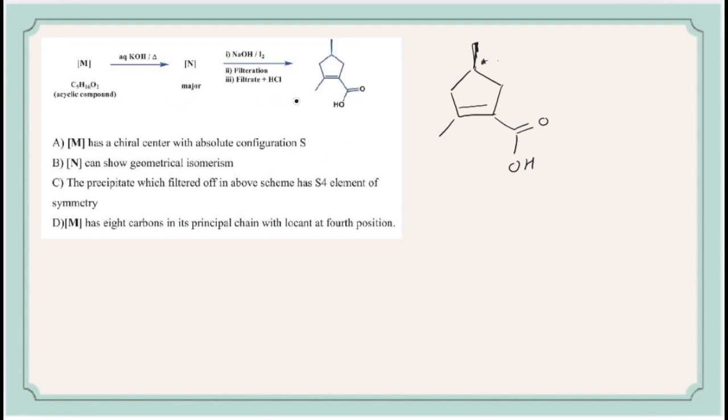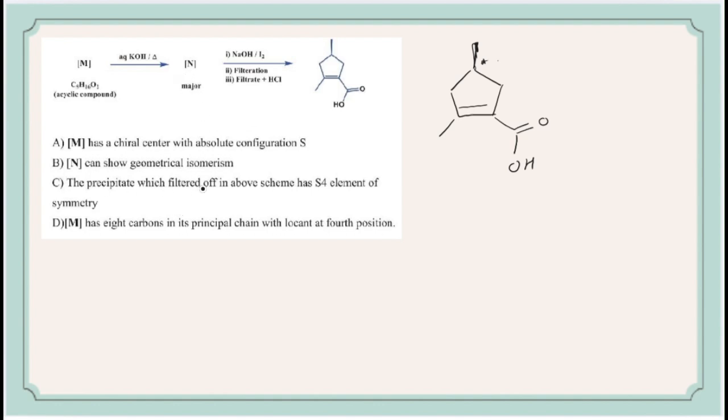In such questions, I always recommend you to go through the options, because by reading out the options, it will help you to predict the structure of M and N. M has a chiral center with absolute configuration of S. N can show geometrical isomerism.